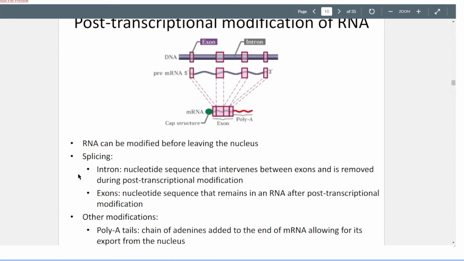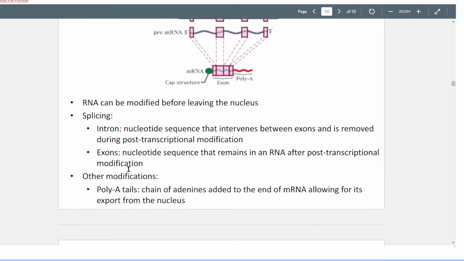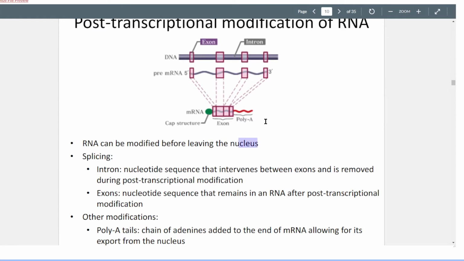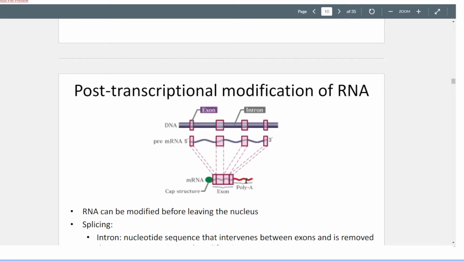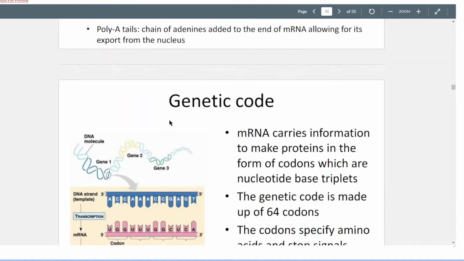So introns are removed and exons are used. You can also have poly-A tails, which are adenines added to the end of mRNA, allowing for its export from the nucleus. So I think this helps it move, maybe. And then this is like a cap structure.